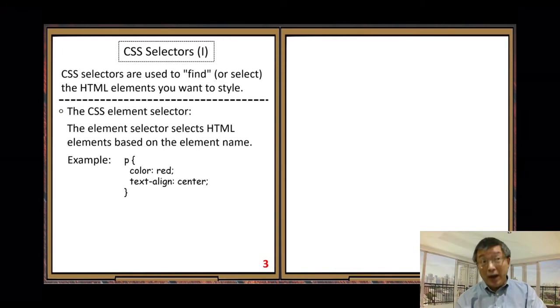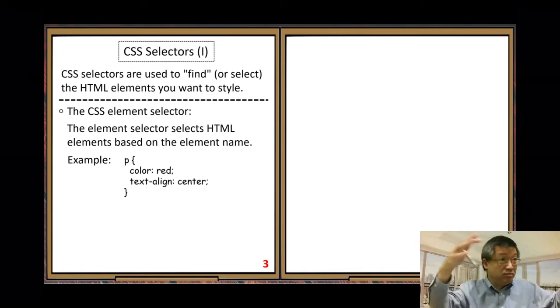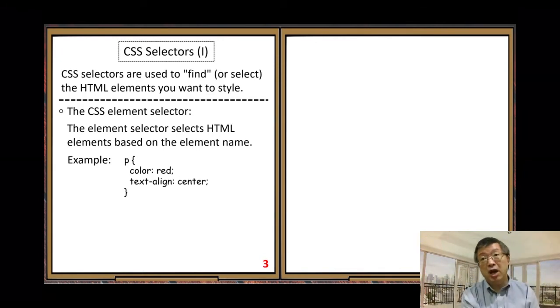But later you have ways to reduce the element coverage. You have other ways to narrow down. I don't want to apply on all the P elements. I only want to apply this particular rule on a certain number of P elements.